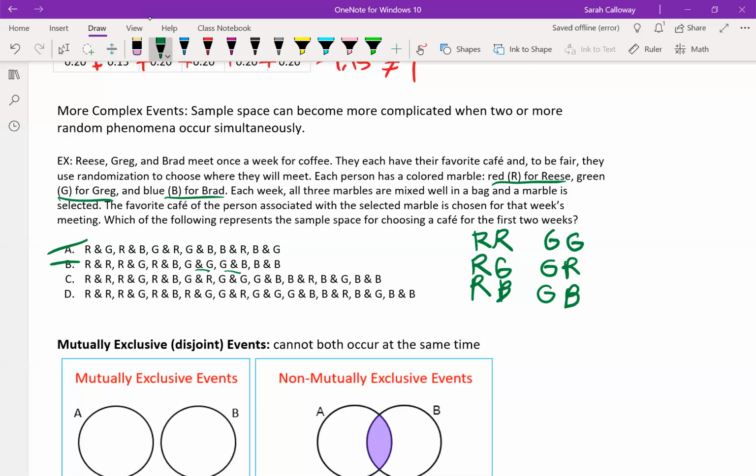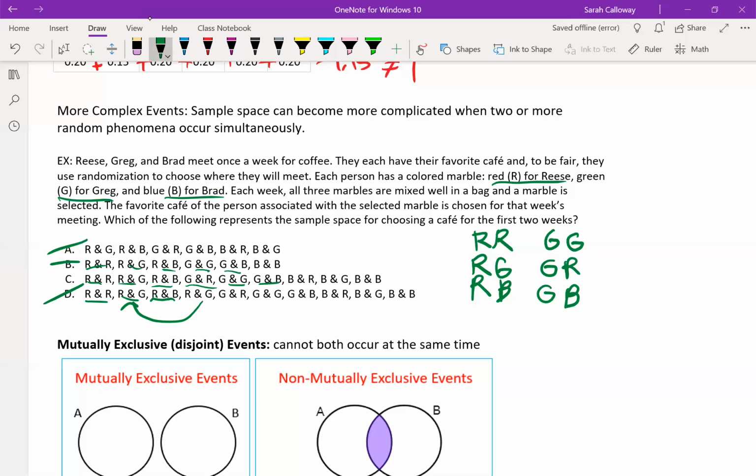Okay, so then if we look at this one, we've got Greg and Reese, Greg and Greg, Greg and Brad. Okay, and then this one, Reese and Reese, Reese and Greg, Reese and Brad. It has an extra Reese and Greg, so notice that that one is there twice. A sample space shouldn't have multiples of the same situation, and so that's going to mean that that's not the correct answer.